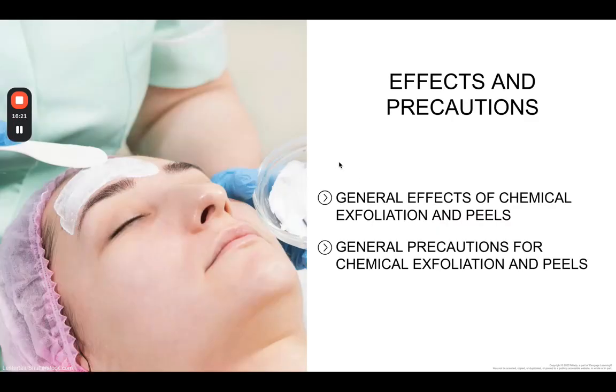In terms of effects and precautions for chemical peels, a few effects include chemical exfoliation results. We want to use these to improve the texture of the skin. Your client may want, or you may need, to improve your client's barrier function or promote moisture retention.